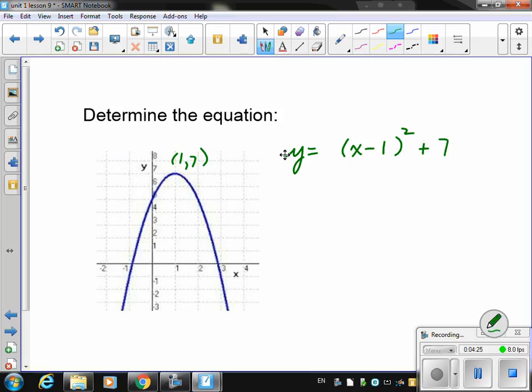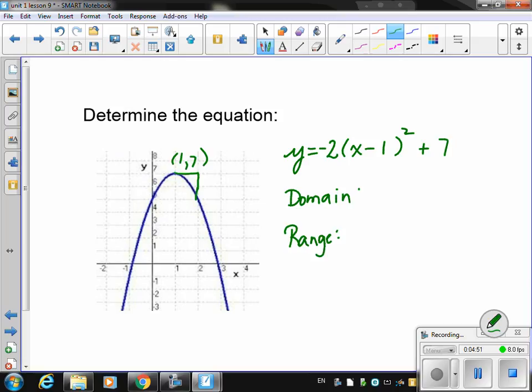Then I'm going to check my step pattern. Instead of over 1, down 1, it's over 1, down 2. It's also upside down. So my a value is negative, and it is a factor of 2. I'm going to include my domain and my range.